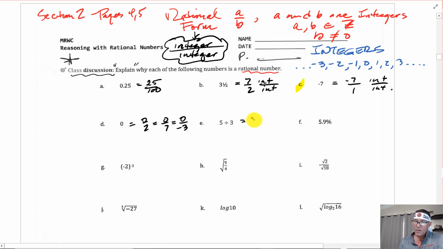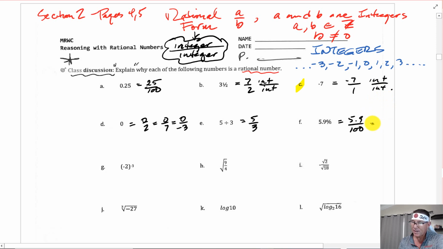5 divided by 3 is obviously a fraction, so you get 5/3, that's rational. 5.9%. It's 5.9 divided by 100. So what does that equal? Well, let's write that as a fraction. Let's multiply both numerator and denominator by 10 and rewrite it as integers, because 5.9 is not an integer.